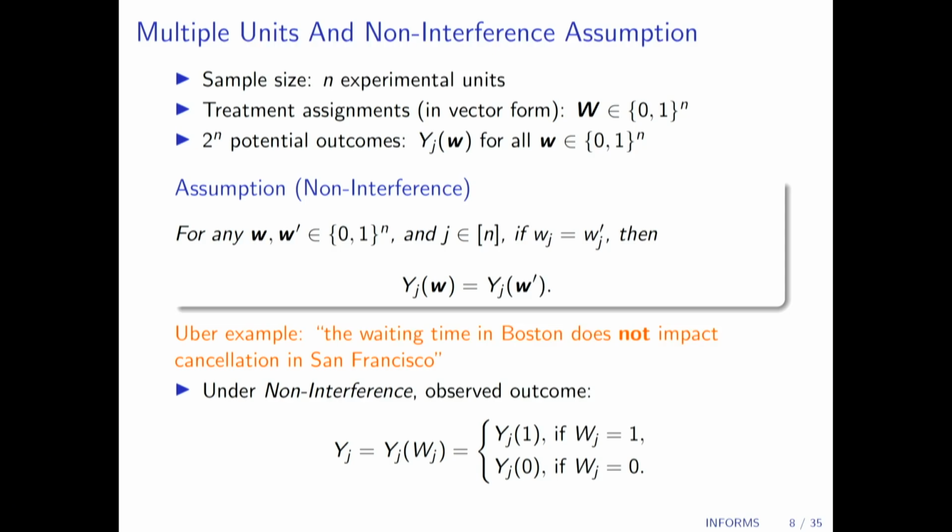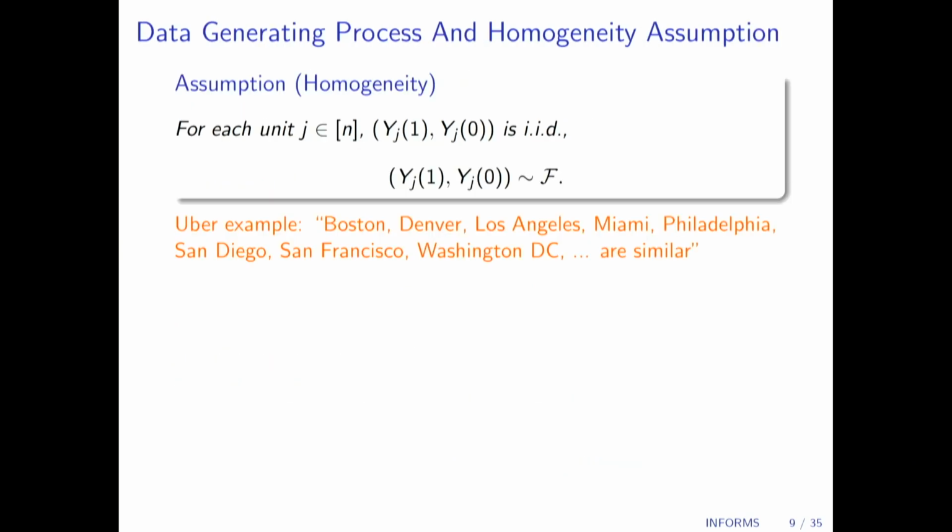The second assumption that people usually make to connect all the multiple units is to say that these units are generated in a homogeneous way. In other words, these units are IID, so that what I observe from one unit can tell me something about the other units. That's the second assumption, the homogeneity assumption.